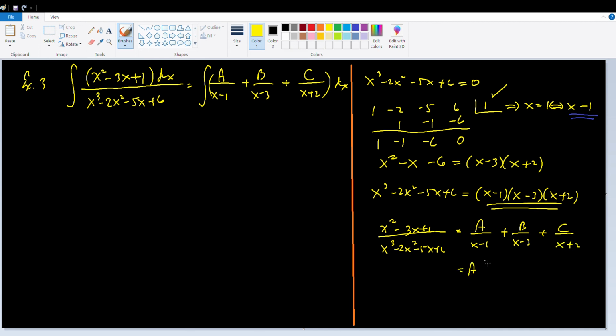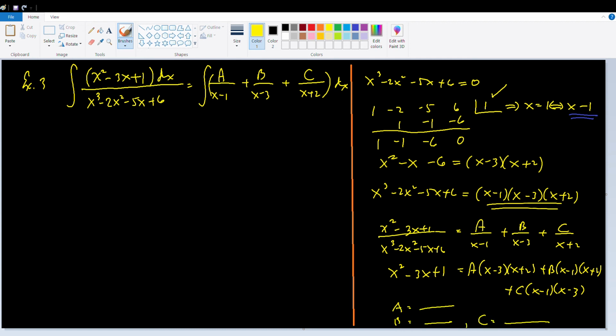Equivalently, a times x minus 3 times x plus 2, plus b times x minus 1 times x plus 2, and c times x minus 1 times x minus 3, equal to x squared minus 3x plus 1. So we can solve for the values of a, b, and c.